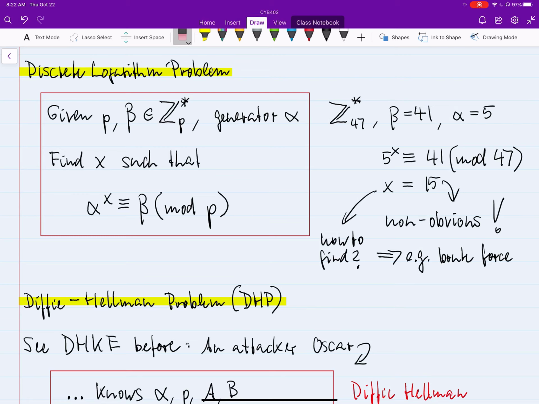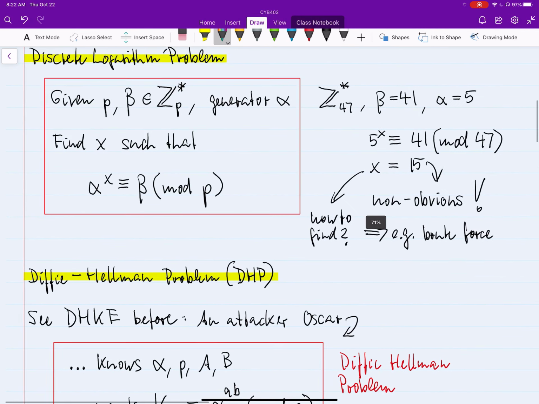In this case, we have the group Z_47 star. We have a beta of 41, and a generator which is 5. So the question here is 5 to the x congruent to 41 modulo 47.